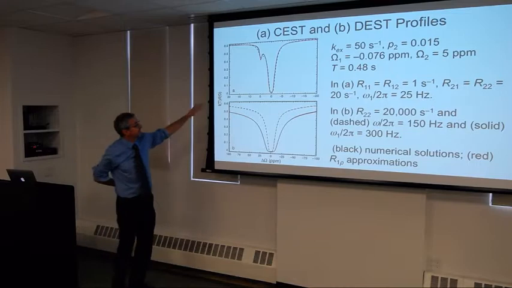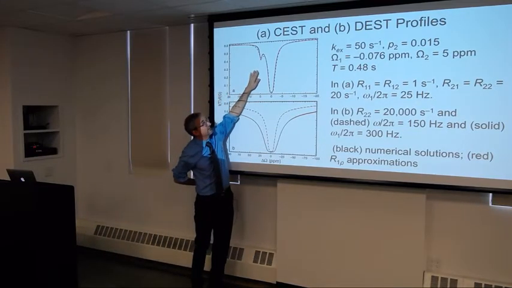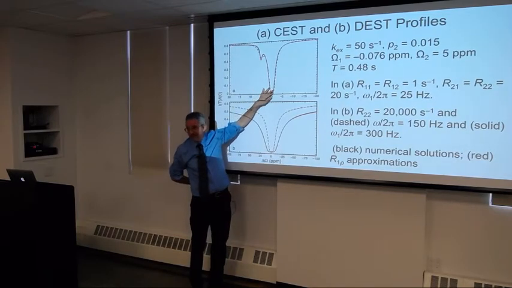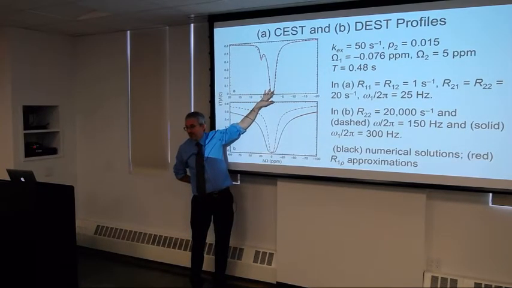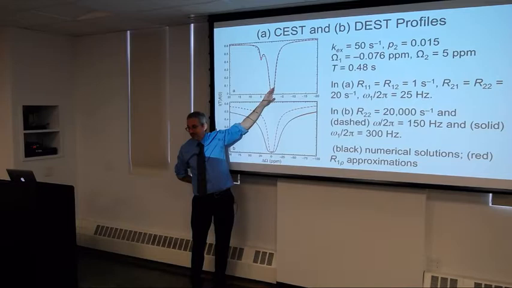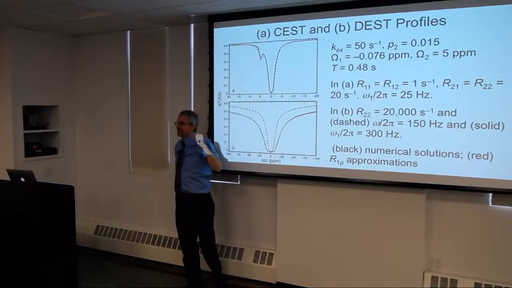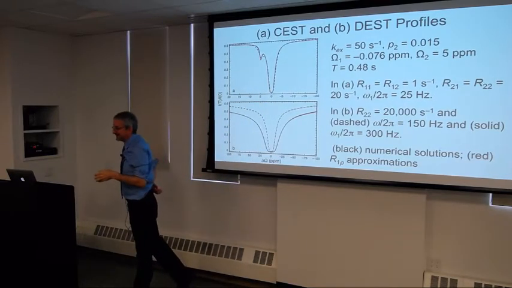This is the intensity of the signal, so the intensity goes down. This is uninteresting. This is the major peak. Here all we're doing, we're on resonance with the major peak, all we're doing is saturating the major peak. So that's uninteresting. We're always reading out the intensity of the major peak.